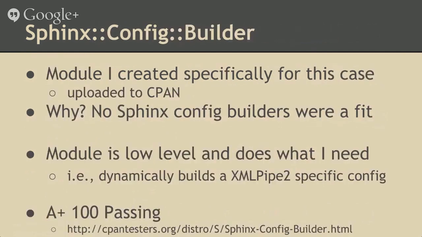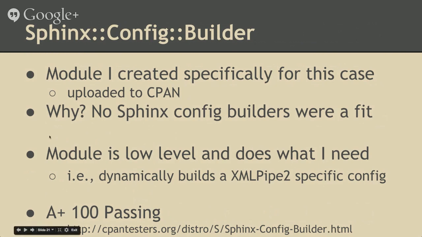All right, so I wrote this module. It's Sphinx config builder, because there wasn't anything that suited my needs at the time. It's pretty low level. It really just builds up each section by pushing the configuration keyword and the value as a hash reference onto an array, and then when it's finished building each of those sections, it outputs the source section or the indexer section.